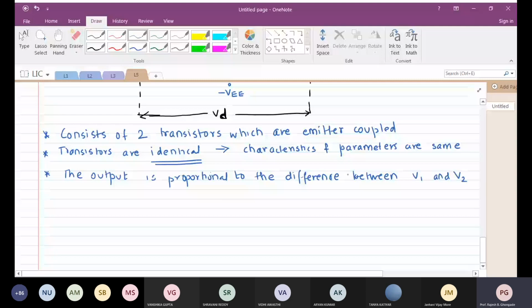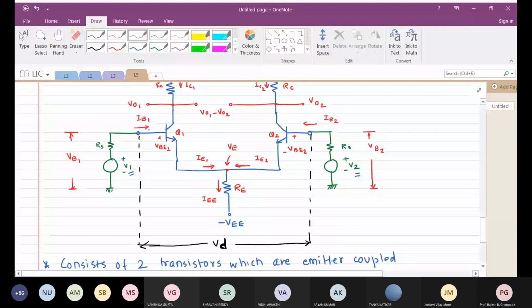So the basic thing is that it has two inputs. This is one input and this is the other input.